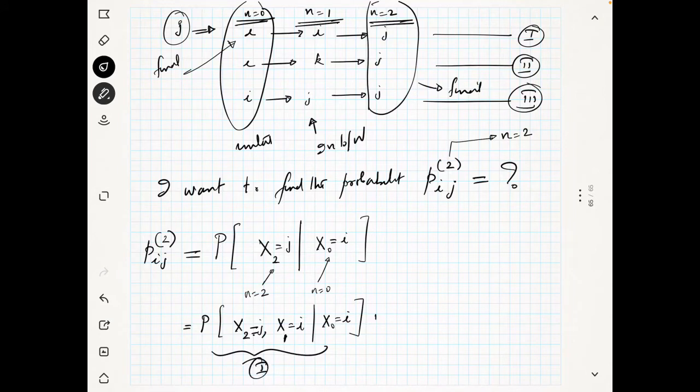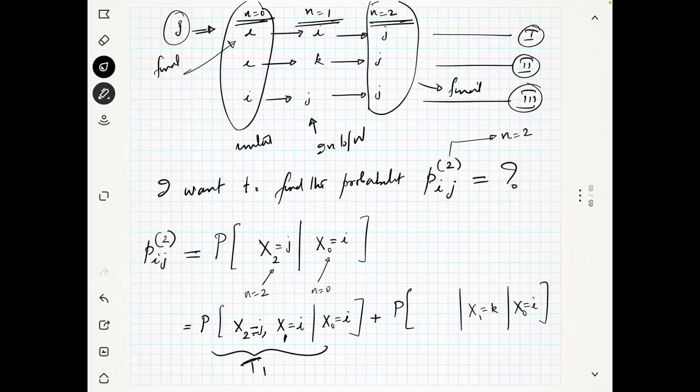Next, plus, this is term 1, t1. Okay. Next, I can move in another way also. I was having initial state which is i. After that I move to k, x1 was k. Okay.